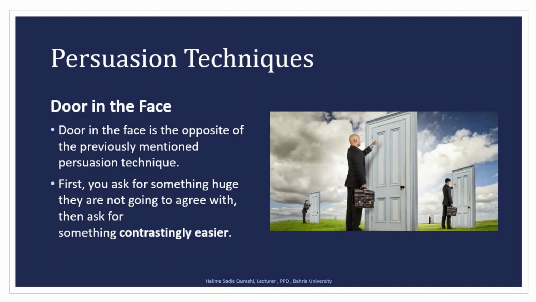Then the next phenomenon is door in the face. The door in the face phenomenon is the opposite of the first phenomenon we have just covered. In door in the face, you make such a huge request that the person is surely going to say no. And once they say no to your bigger request, you already know that they are unable to say no to every request of mine.